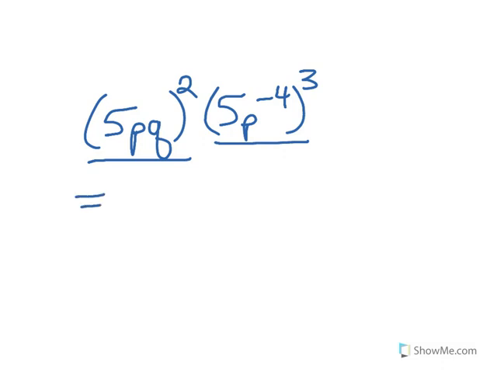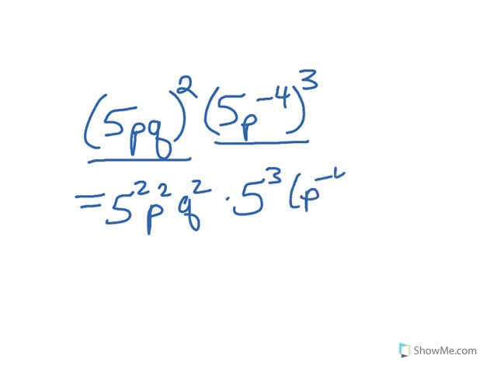So we have a power of a product in 5pq squared. So 5 is squared, p is squared, and q is squared. For the other factor, 5 is cubed, and then p to the negative fourth is cubed.